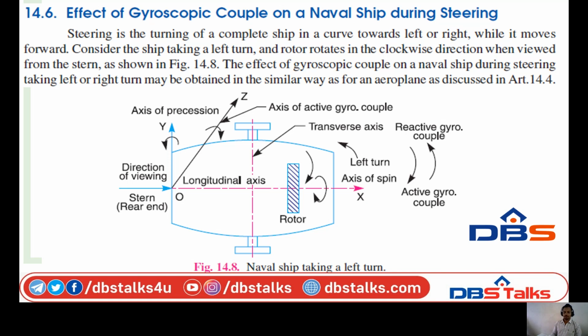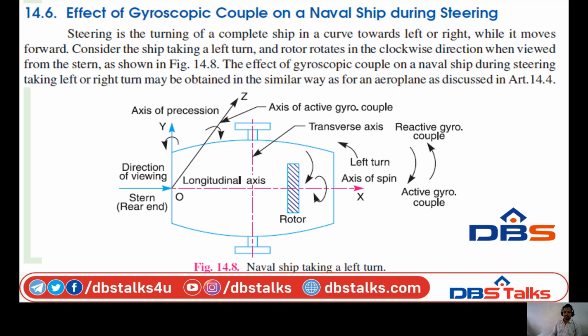Here, nose is nothing but the bow, and tail is nothing but the stern. So here also the effect of the reactive couple is to raise the bow and lower the stern.